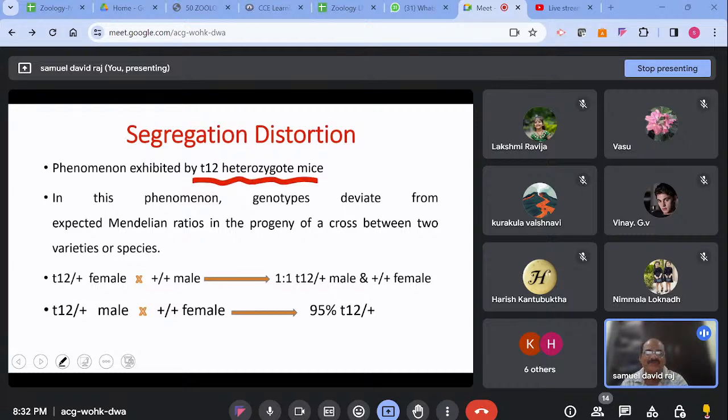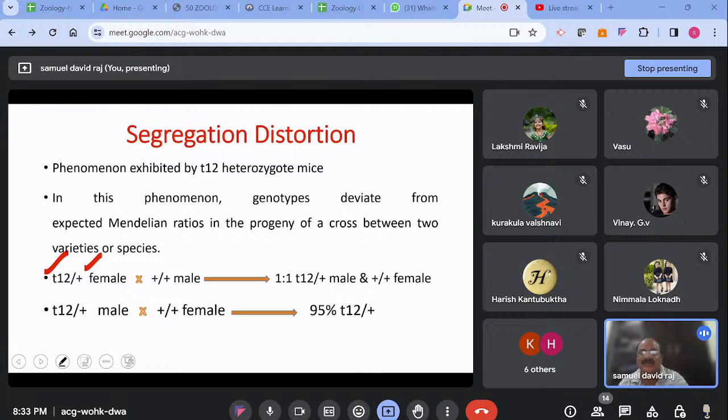In this phenomenon, genotypes deviate from expected Mendelian ratios in the progeny of a cross between two varieties or species. For example, there are two varieties, where there is the T12 mutant and plus means the normal gene. This is the female.